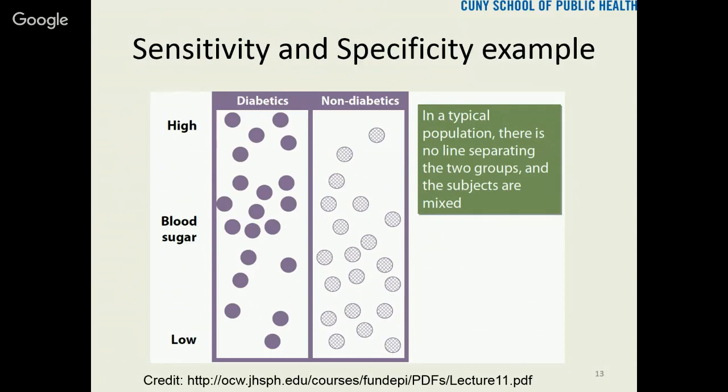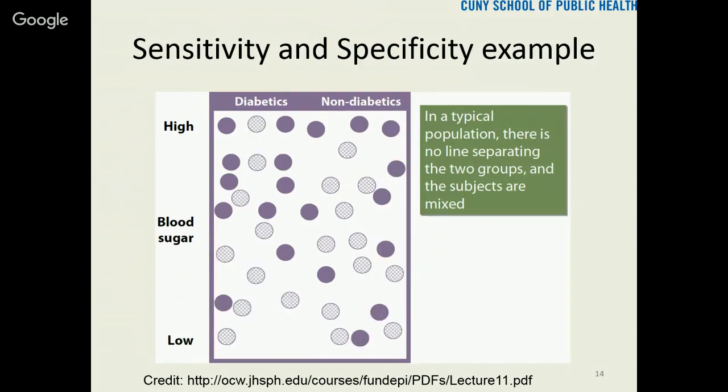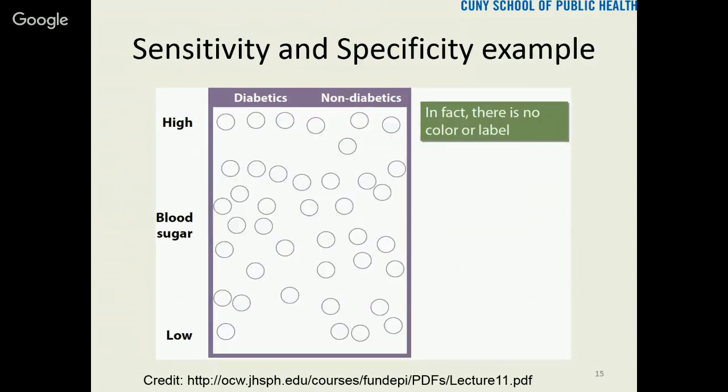So keep in mind, though, this would be a testing phase where we have the gold standard truth for everyone. But in real life, when we apply this in a clinic where we don't already have the gold standard result for everyone, the two groups are mixed. We don't know who the diabetics and the non-diabetics are, and they're not labeled.